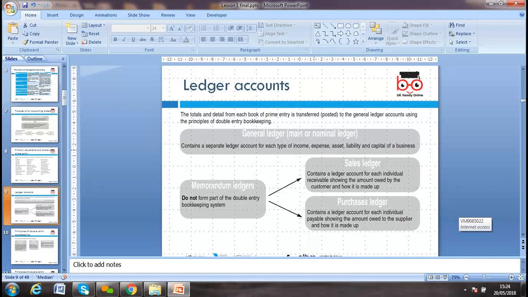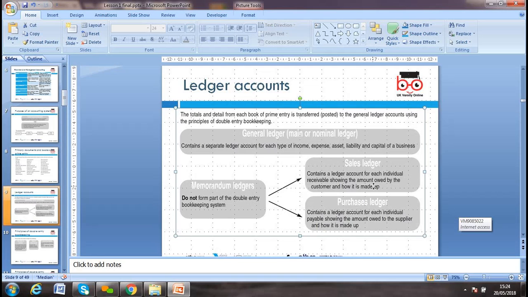We can make each a separate ledger as well, for assets, liabilities, and capital. The sales ledger contains the ledger account of each individual receivable, which means our credit customers to whom we sold the goods and from whom we have to receive the money.